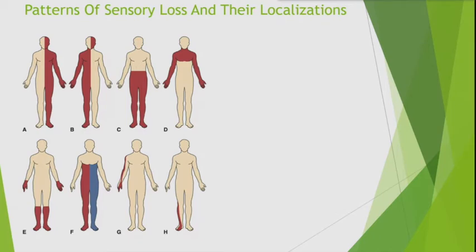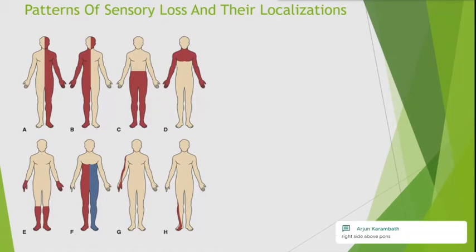So for picture A, what does it mean to you? Localization. Picture A, midbrain... sorry, it's a thalamic lesion. So it is possibly thalamic lesion.